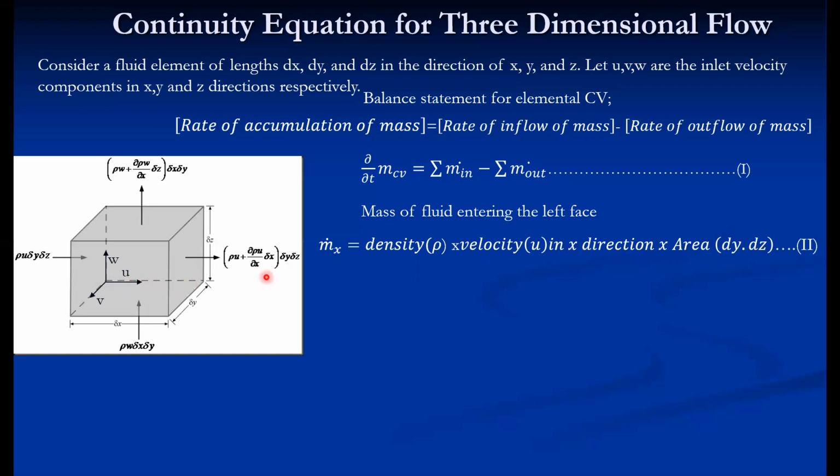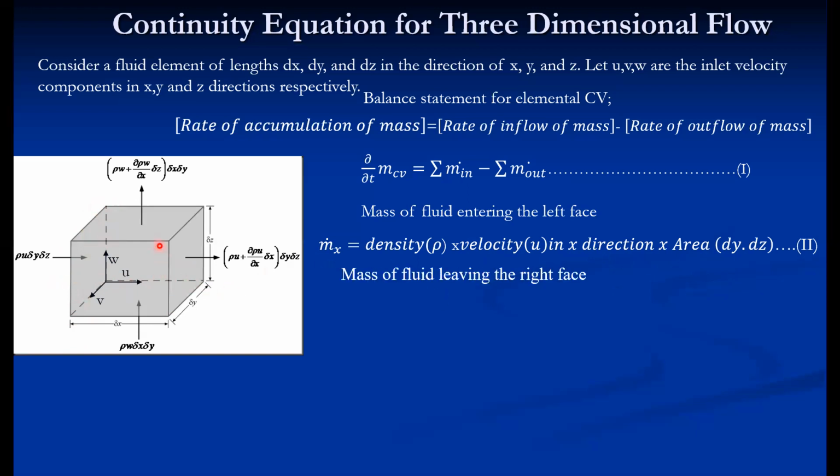The flow area is always normal to the direction of flow, so the area that we consider is dy and dz. So dy into dz is the area. So this is the mass of fluid entering from the left face.